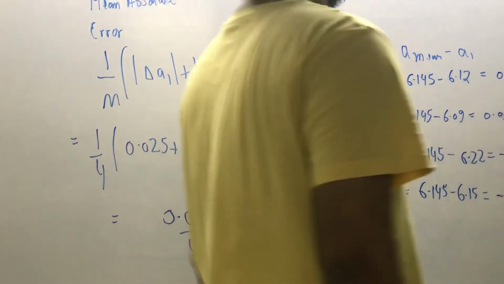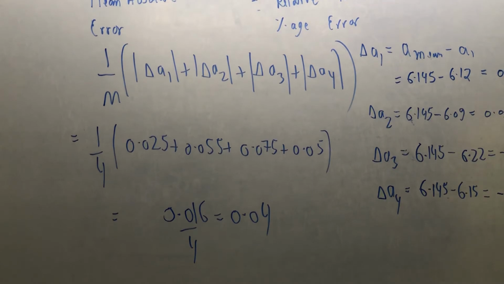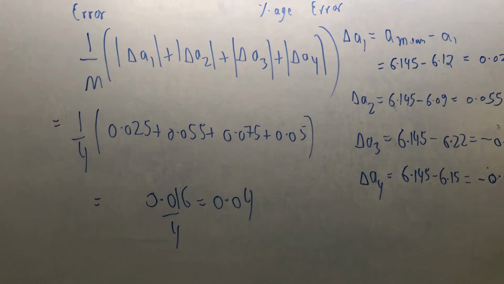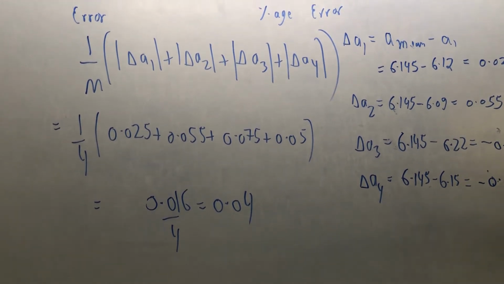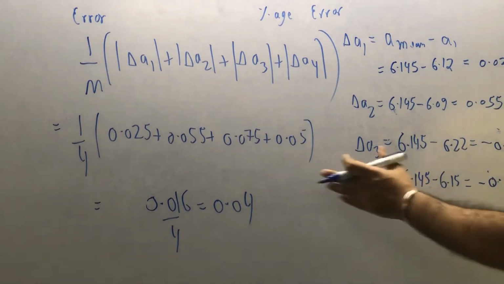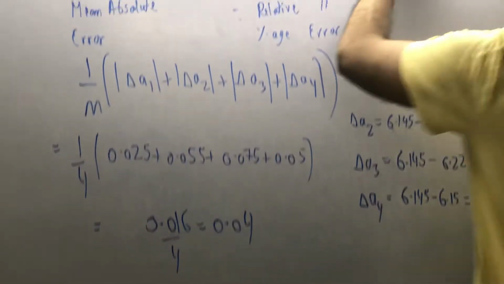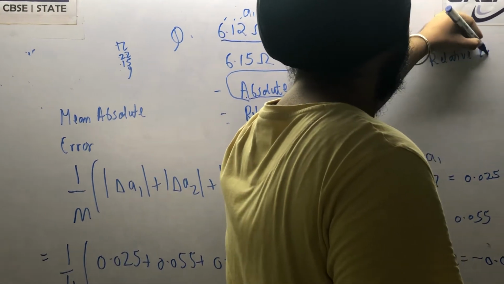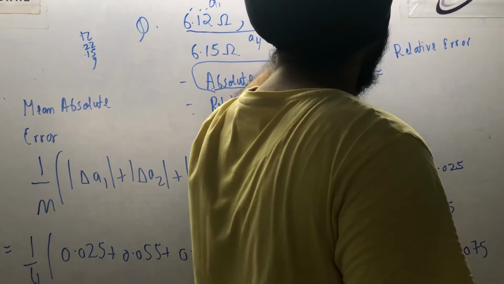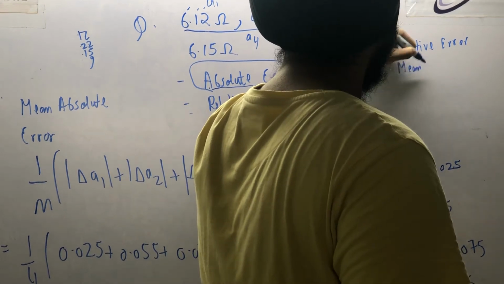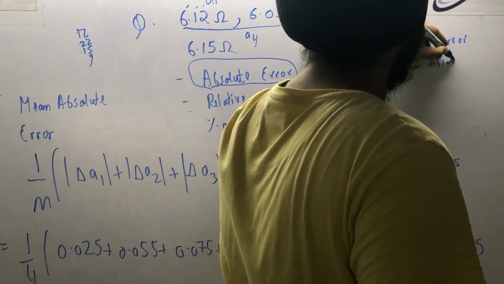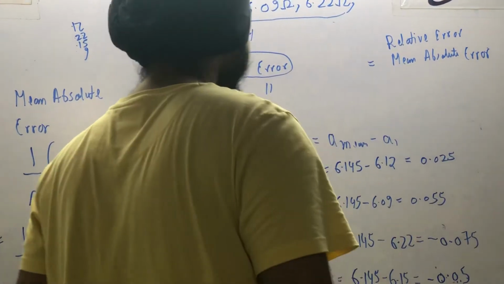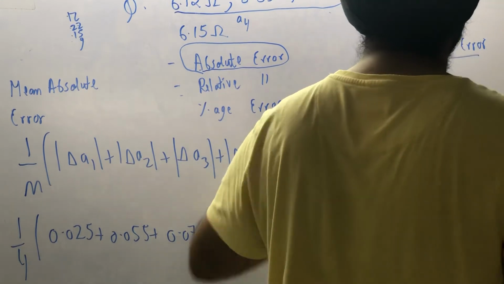Okay, now next thing they have asked us is to find the relative error. We have already found out the mean absolute error. So to find the relative error, just divide the mean absolute error by the mean value.